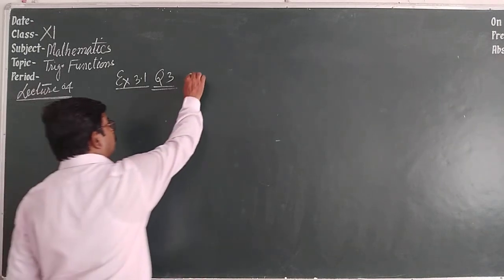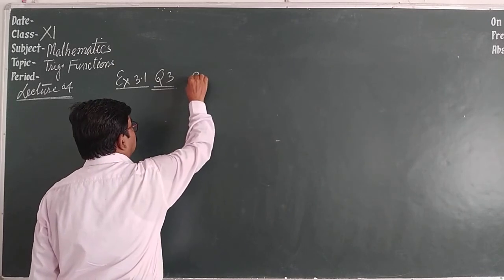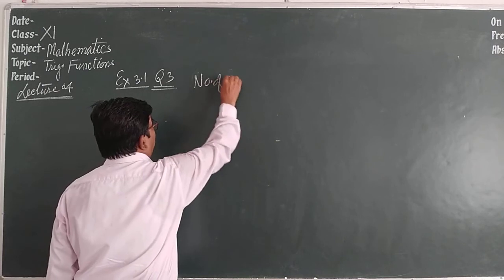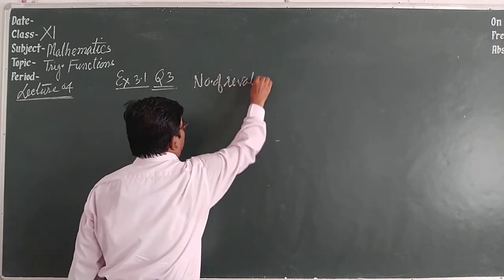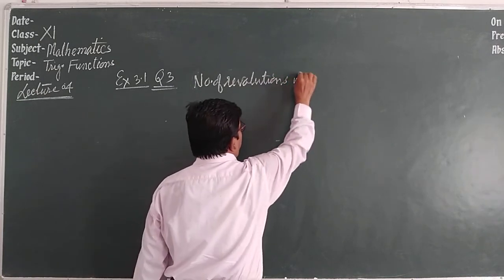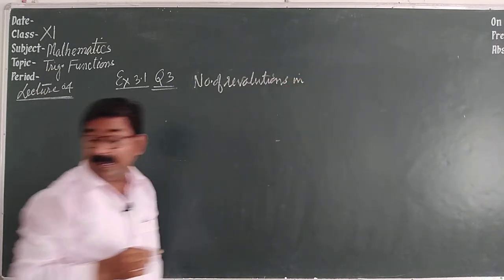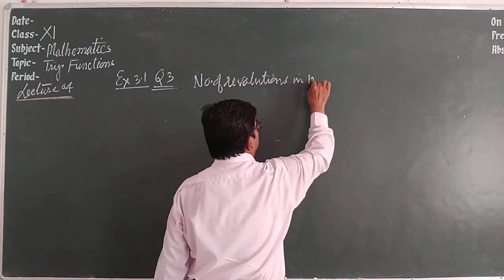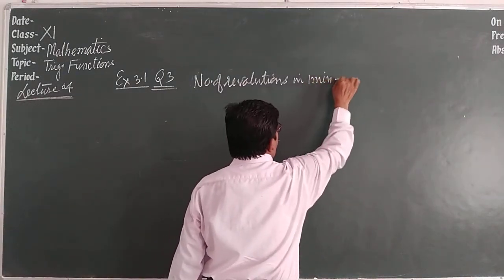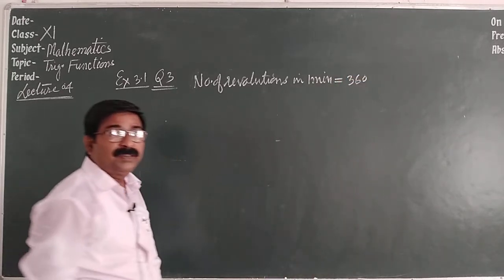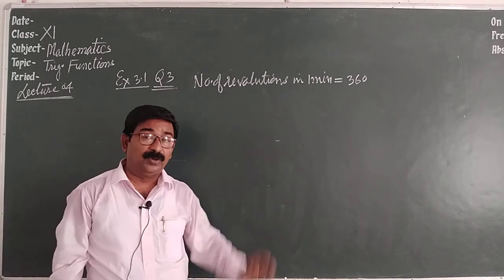See, the number of revolutions in the time given, in 1 minute, is 360. 1 minute means 60 seconds.